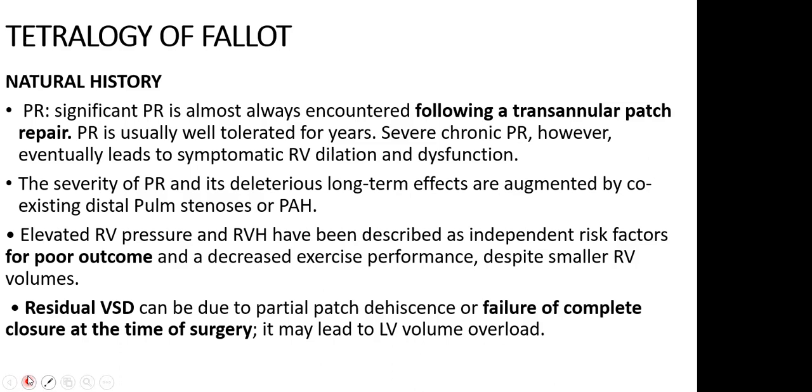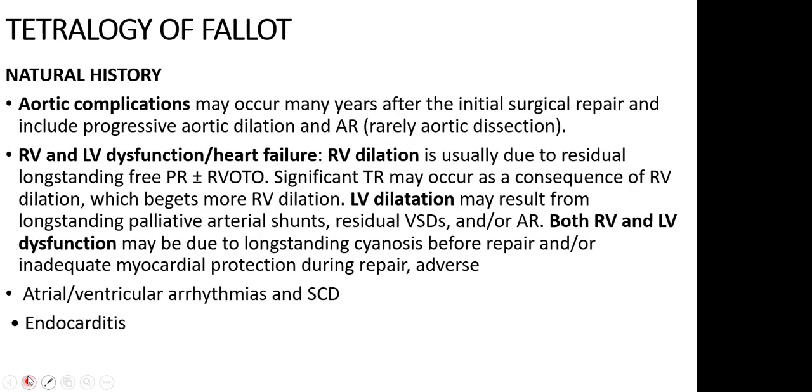Then residual ventricular defects actually occur from failure of complete closure at the time of surgery. So when the closure is not completely done, they present with a residual VSD. Aortic complications can also occur over time following surgical repair. Then we have the right and the left ventricular dysfunction or heart failure.